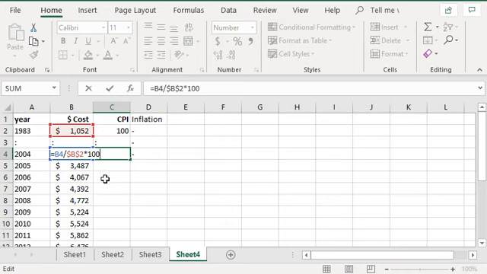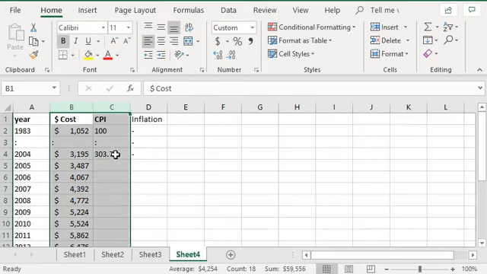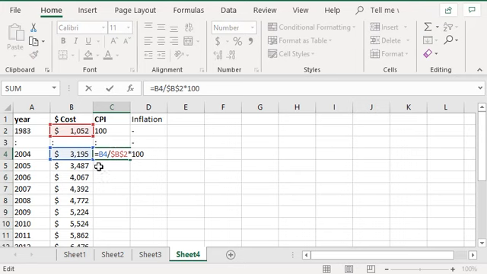Well, we typed equal B4, which is the dollar cost of the market basket in 2004, divided by B2, the dollar cost of the market basket in the base year. And then we multiply by 100. Remember, the dollar sign freezes us in column B, and the dollar sign here freezes it in row 2.